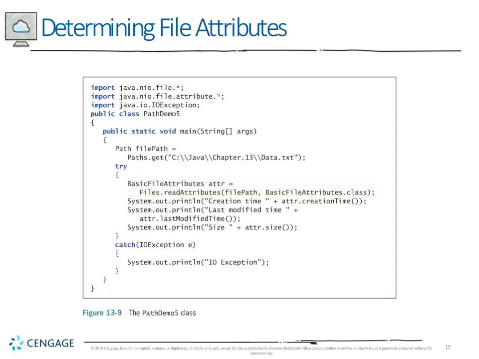After you have created a BasicFileAttributes object, you can use several methods for retrieving information about a file. For example, the size method returns the size of a file in bytes. Methods such as creationTime and lastModifiedTime return important file times.